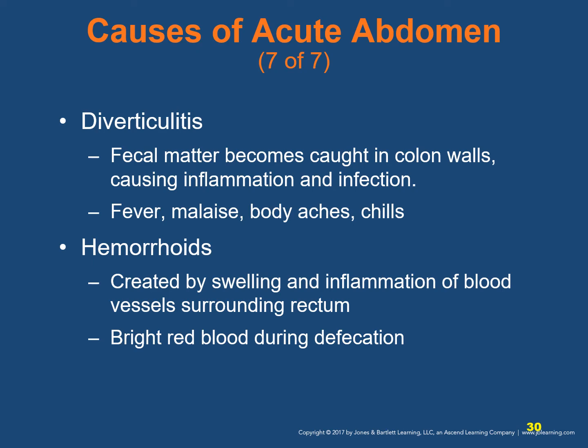Increased pressure may be caused by pregnancy, straining at stool, in other words, straining when a patient is on the toilet, and chronic constipation. Diarrhea can also cause irritation that results in hemorrhoids. They present as bright red blood during defecation, but it is usually minimal bleeding and it is easy to control. Patients may also experience itching and a small mass on the rectum.